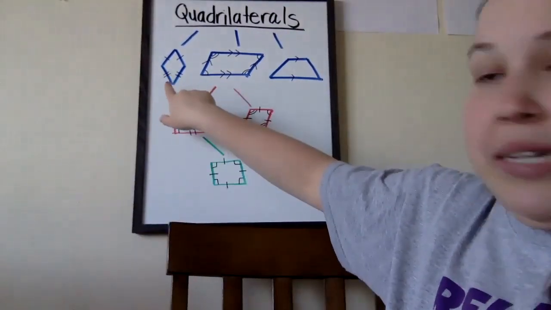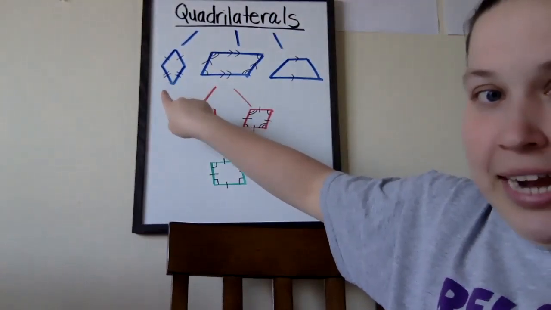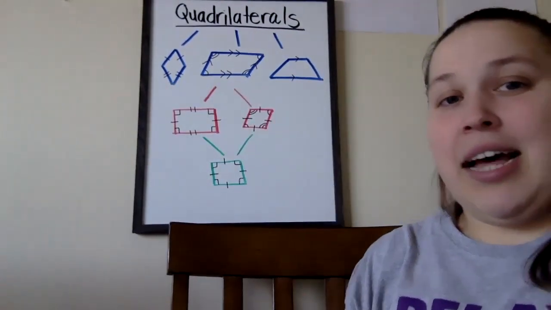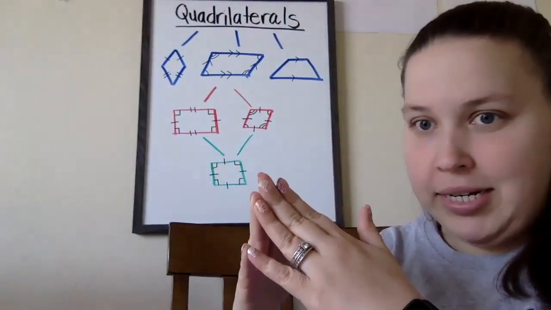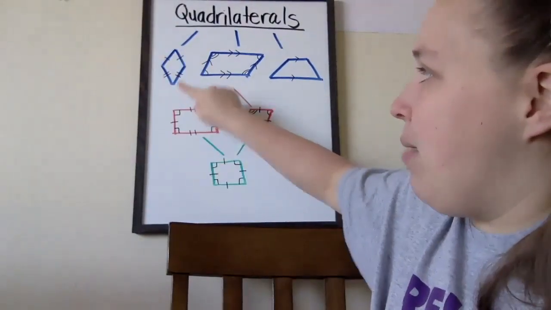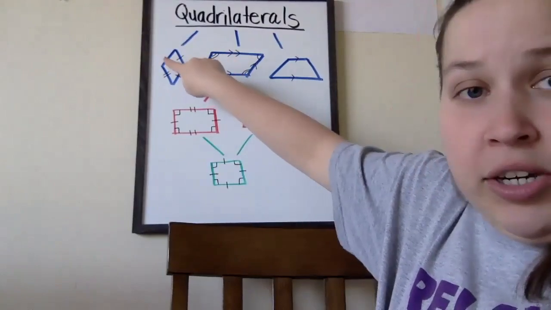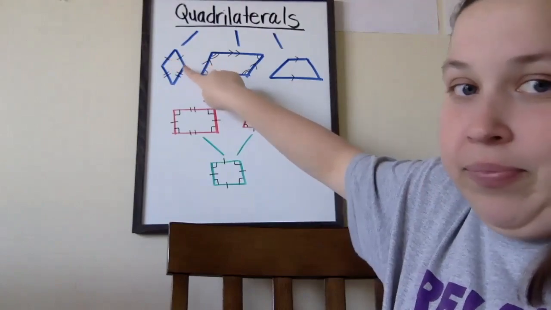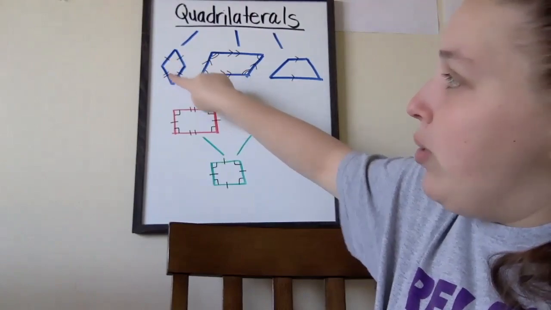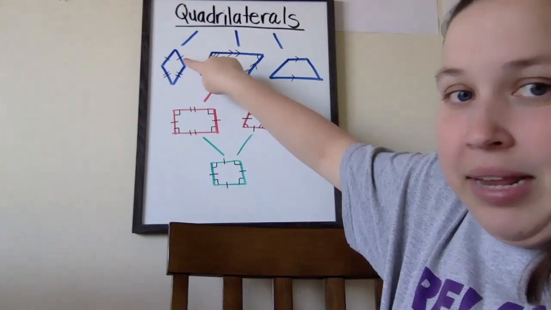Well, we know what shape that is. Yep, that's the kite. And we know that a kite has adjacent sides that are congruent. So if you see a shape and it has one line through each, that means these two sides are congruent. It has the same line through it. These two are congruent with each other, but they're not the same length as this.